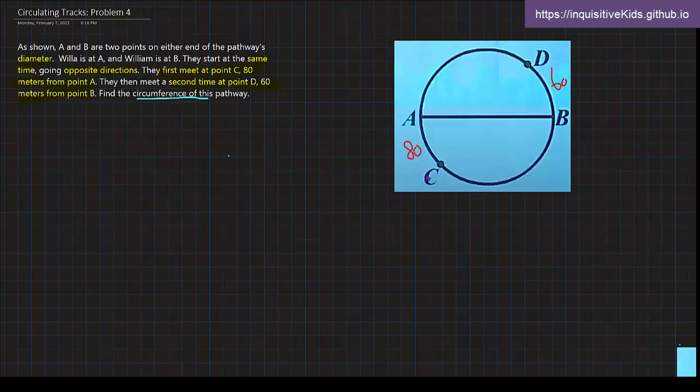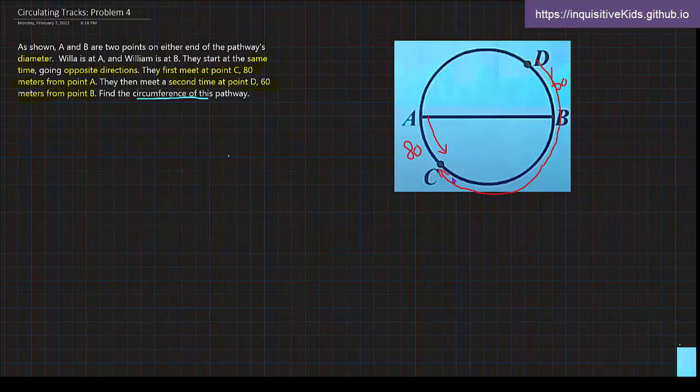Now, I'm going to be drawing a sketch. Willa is at A, and they're going different directions, so I'll make Willa go this way. Willa first came here, and she stopped. They met. To make everything a bit easier, I'll make William's path on the outside.